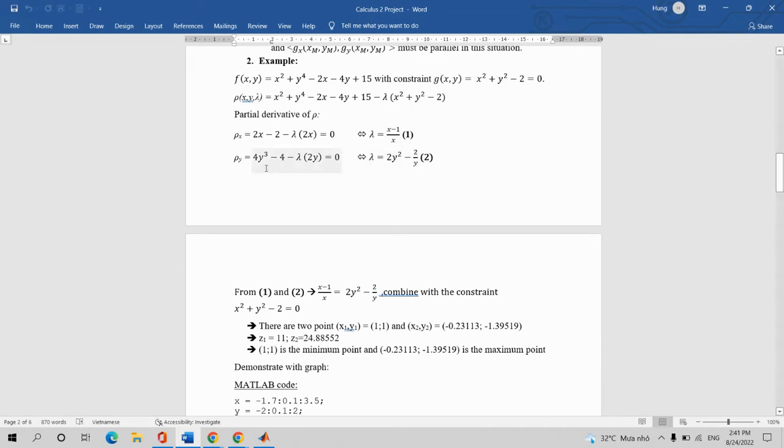And Py equal to 4y to the power 3 minus 4 minus lambda multiplied by 2y equal to 0. So we got lambda equal to (2y squared minus 2) divided by y.